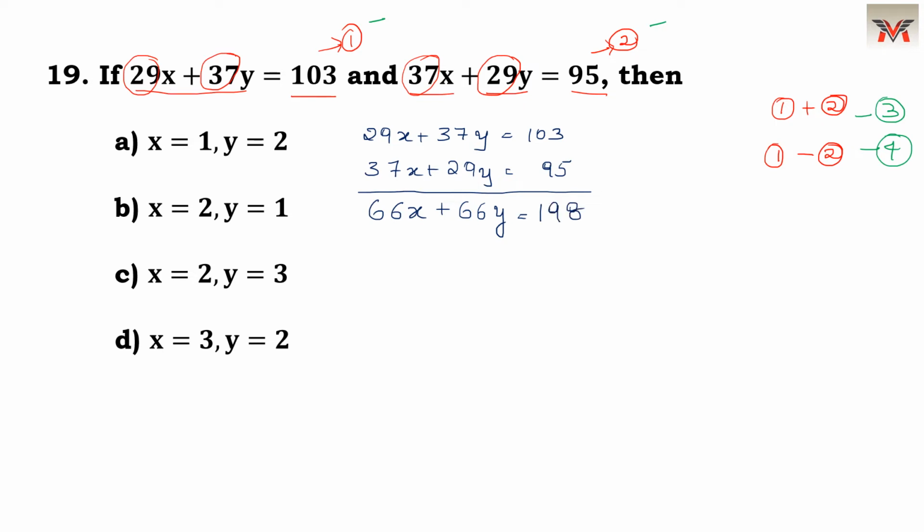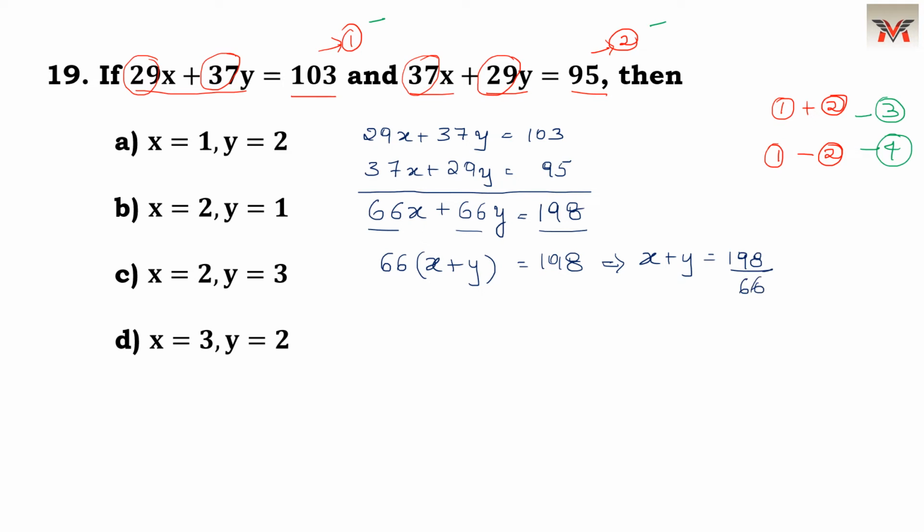Now observe here, I have 66, 66 and 198. We can take a common factor out here, that is 66 into x plus y equal to 198, or this gives me x plus y equal to 198 divided by 66.